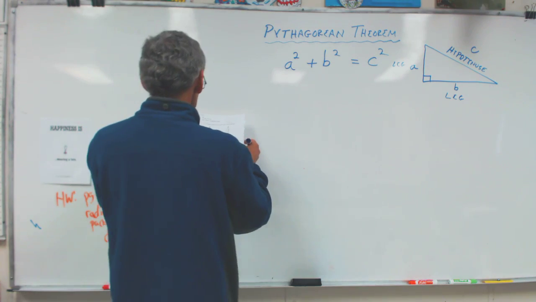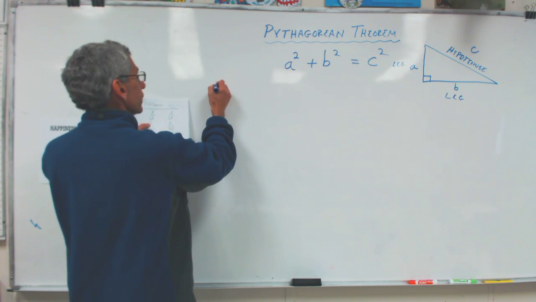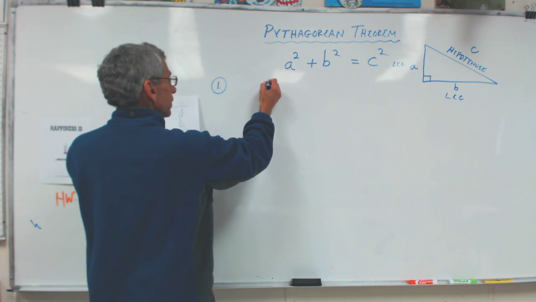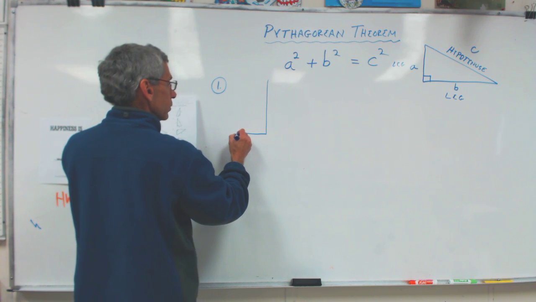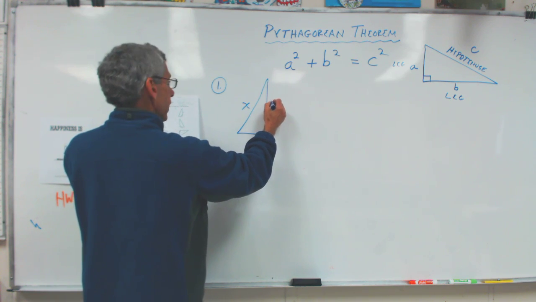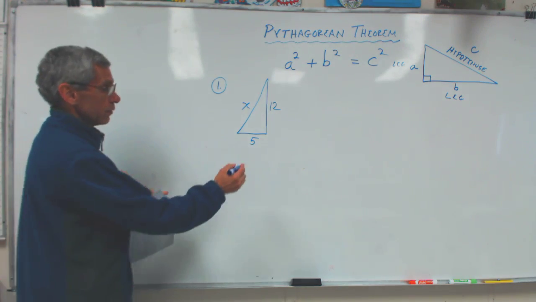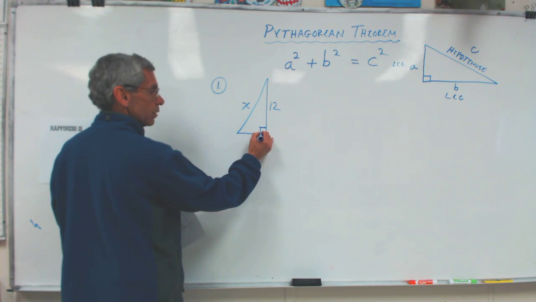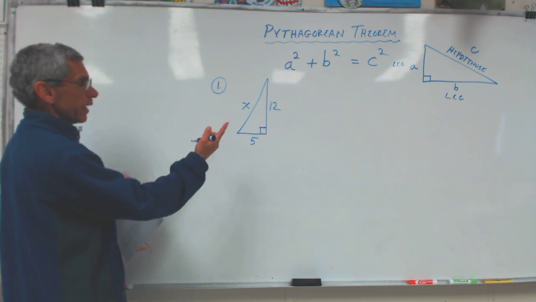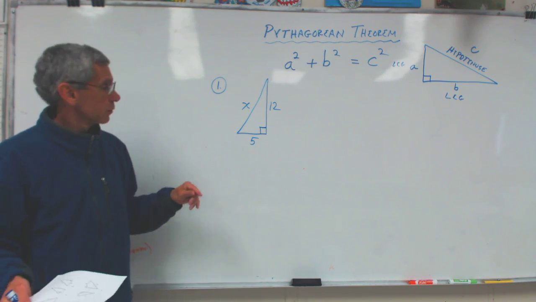So I'm going to do problem number 1 on this homework assignment, and we're going to spend time on this in class. If I have a right triangle, and I have an X here, a 12 here, and a 5 here, and this is my right angle right here, how would I use A, B, and C?